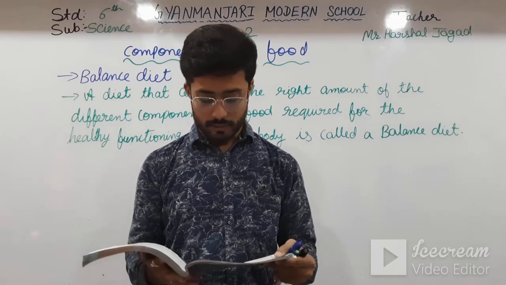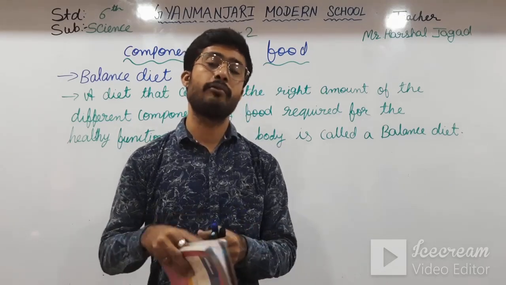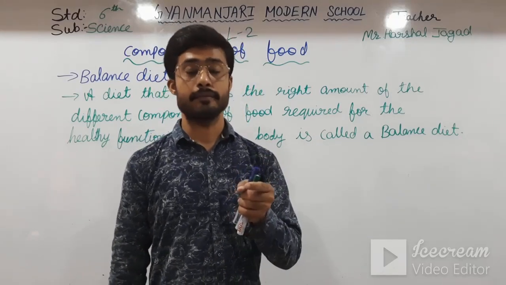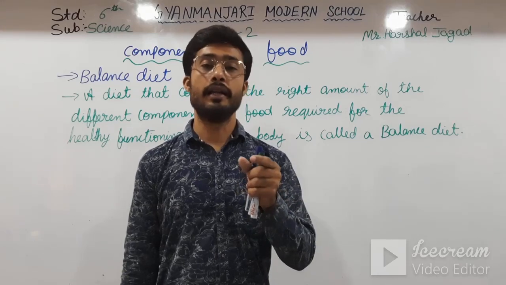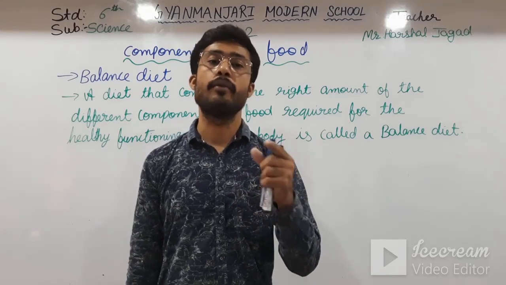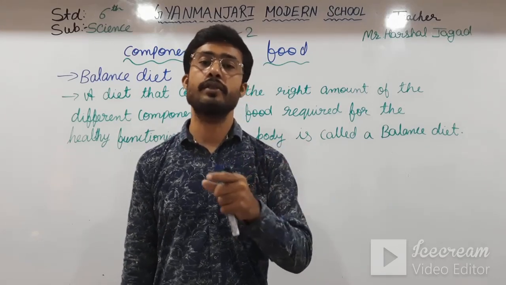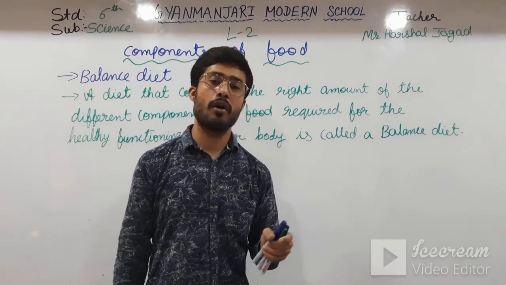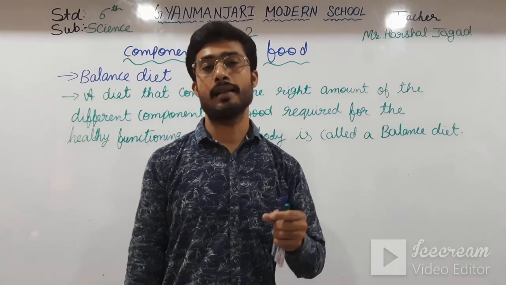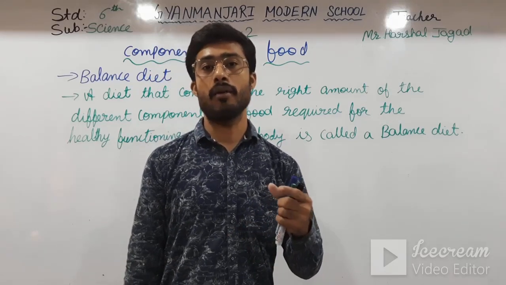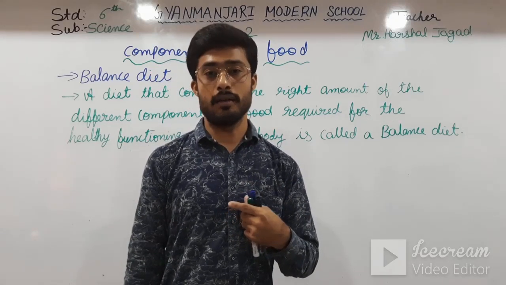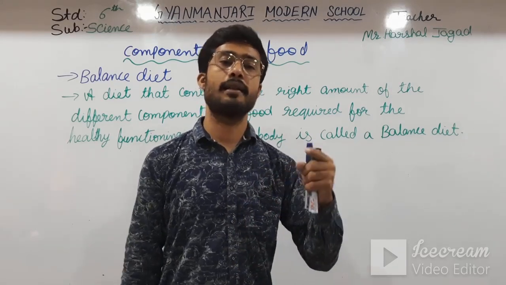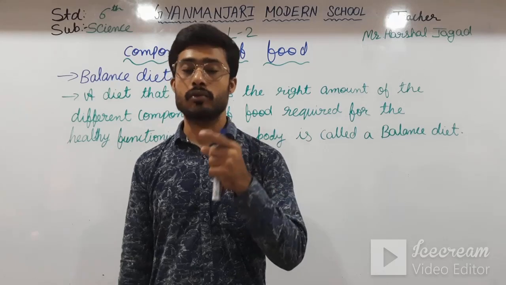Okay students, so in this also we have seen which are the rich sources of the minerals and what they do in our body, and if we don't take them, which diseases are caused. And then we have seen the loss of water. If there is loss of water, then our hydrated body is dehydrated. For rehydrating, there is an oral rehydration solution.